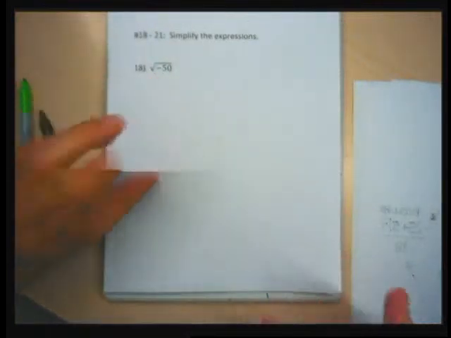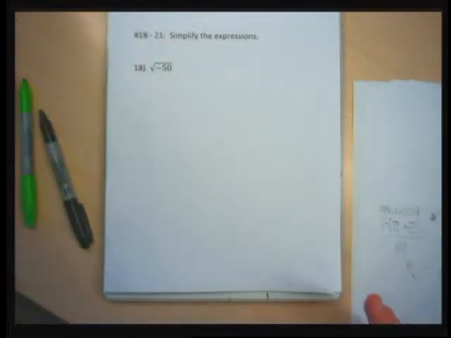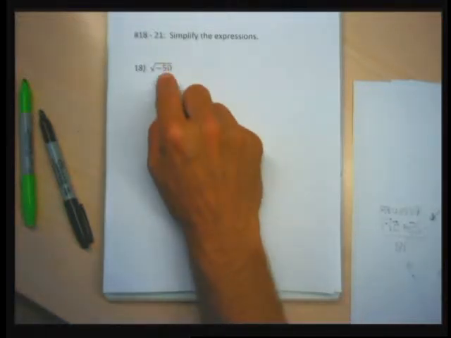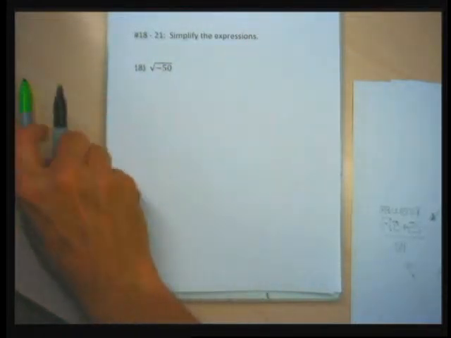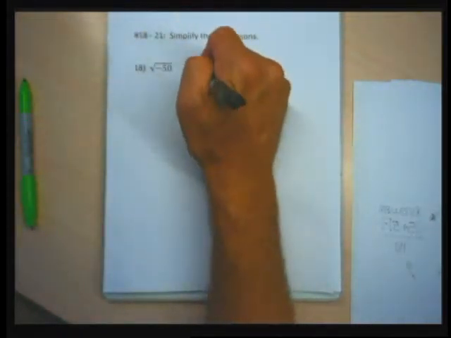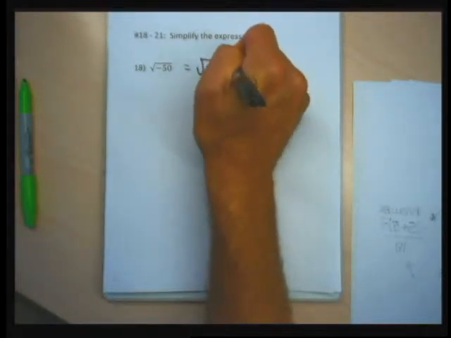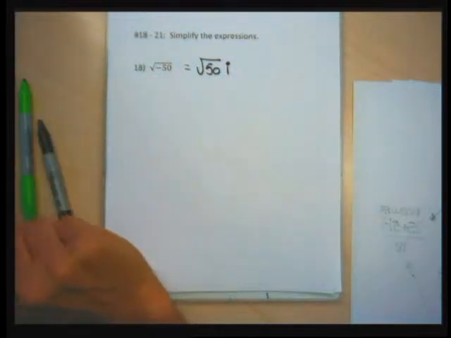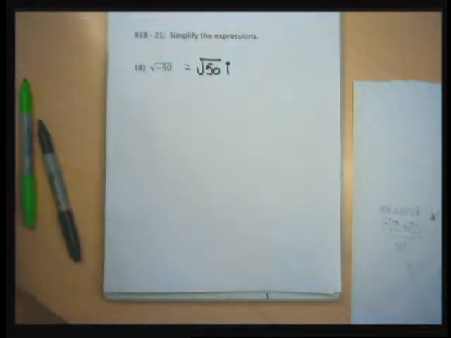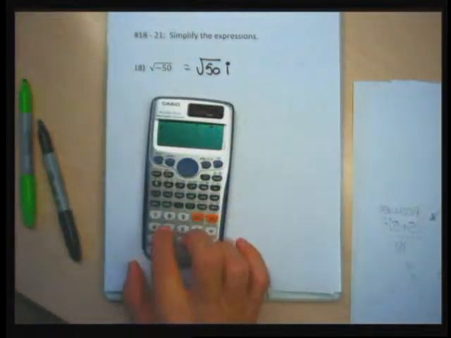Number 18, immediately when I see negatives under square roots, if I'm going to do them all the way on my calculator, I'm going to have to put my calculator in complex mode, but my calculator won't do prime factor trees in complex mode. So by hand, anytime I have a negative under a square root, I can turn that negative number positive if I pull an i out after the square root, and I'm going to reduce the square root of 50.